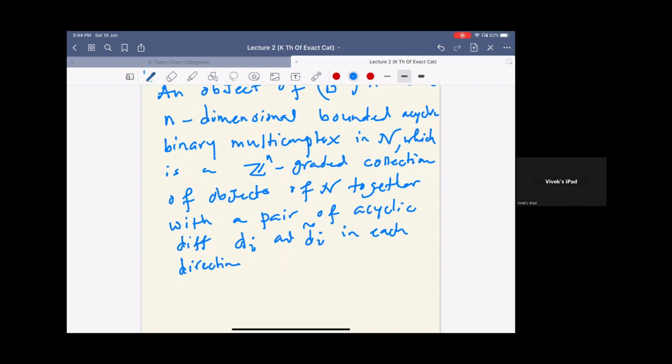Note that for n equals 2, this looks like a square, right? So you have two directions, so you have a differential in two directions. Similarly, for n equals 3, you have differentials in three directions, and so on and so forth.